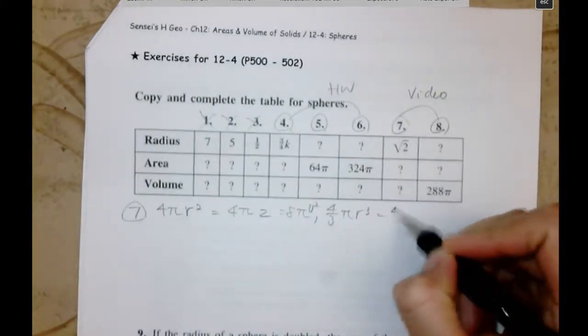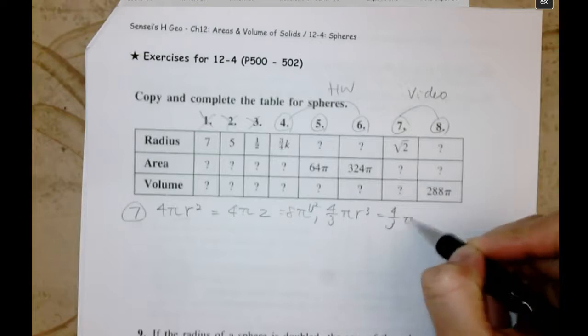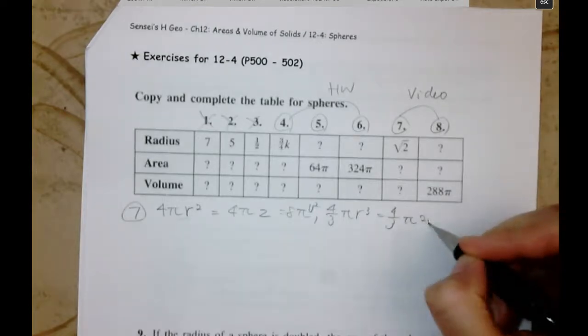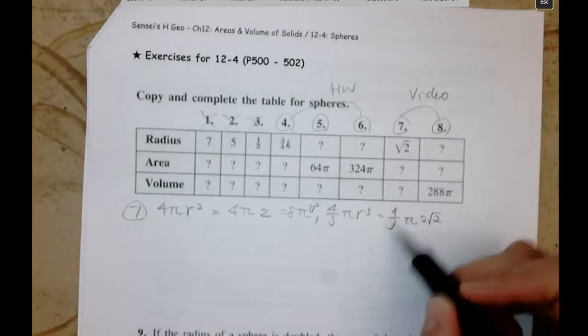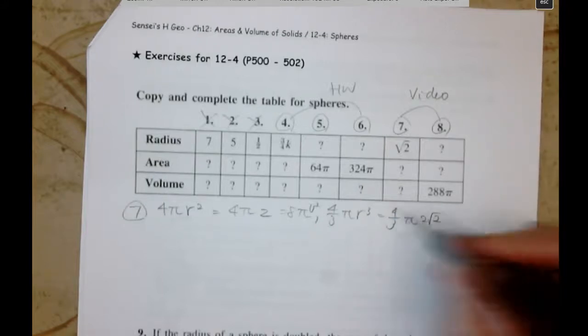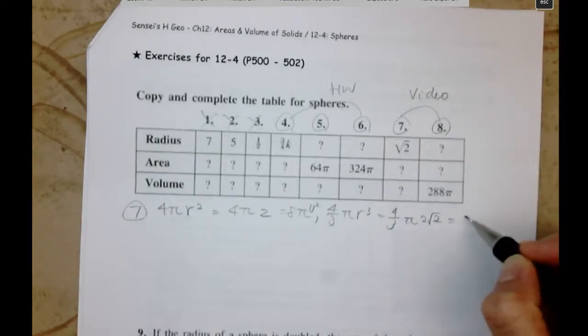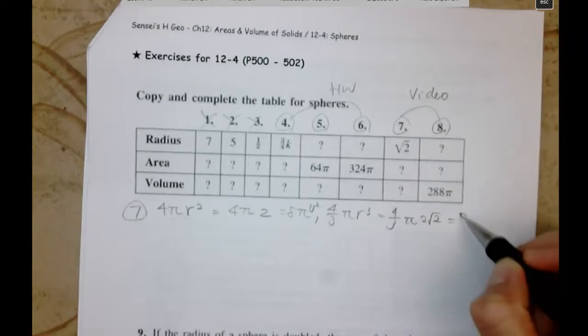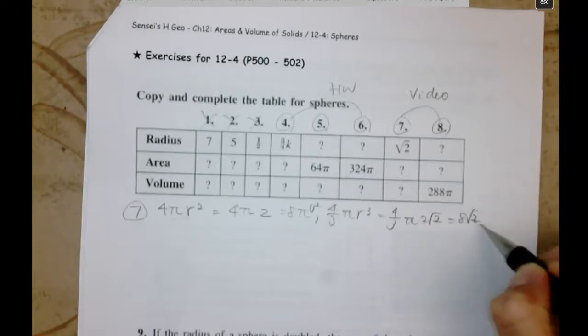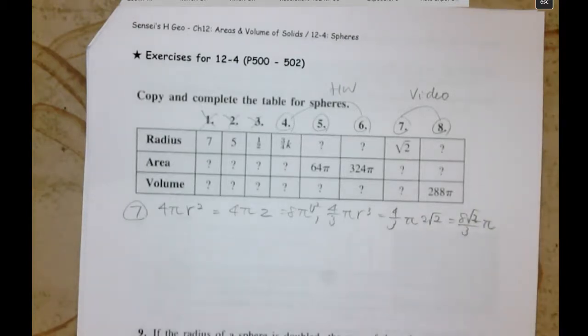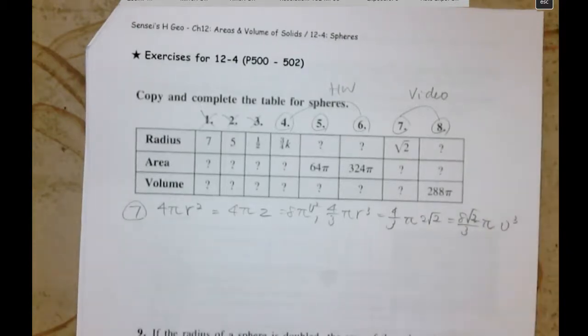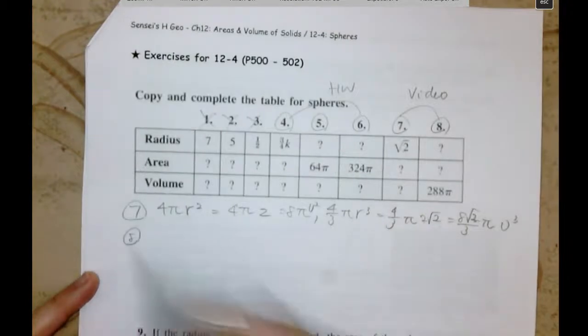So that means 4/3 of pi times 2 root 2, right? 2 of those make 2 times root 2, so this goes up on top, so 2 times 4 is 8 root 2 over 3 pi, units cubed.